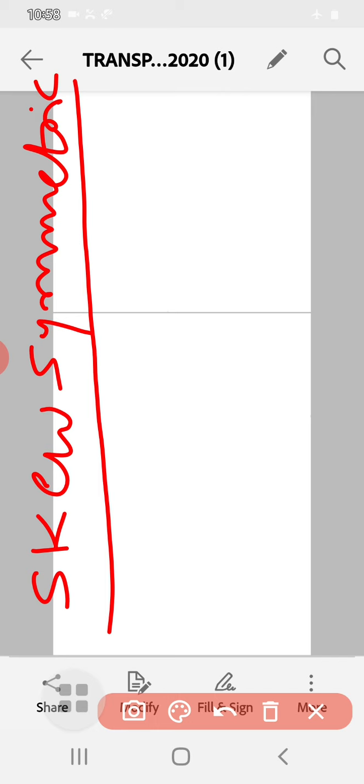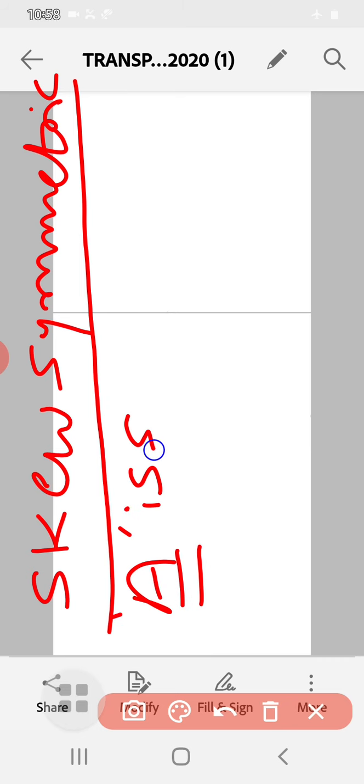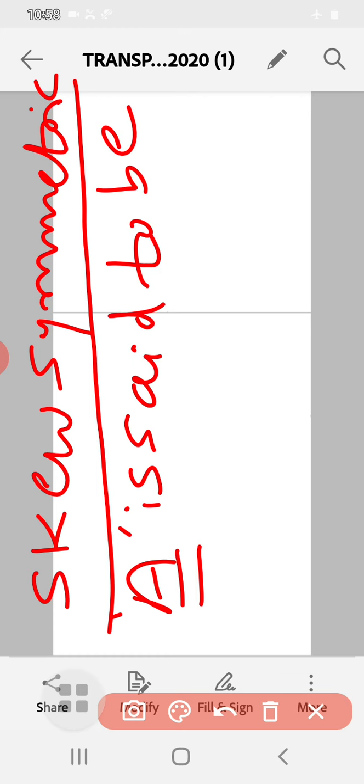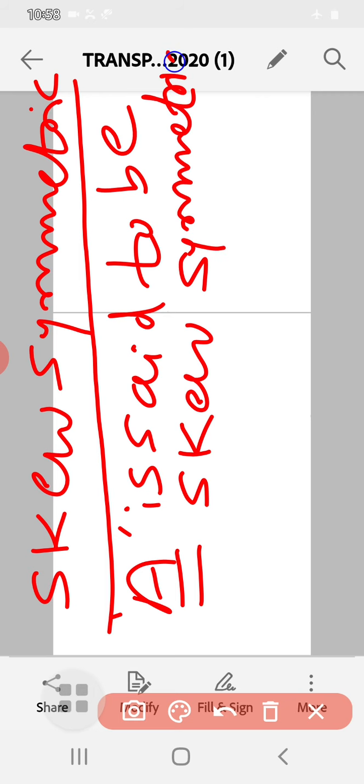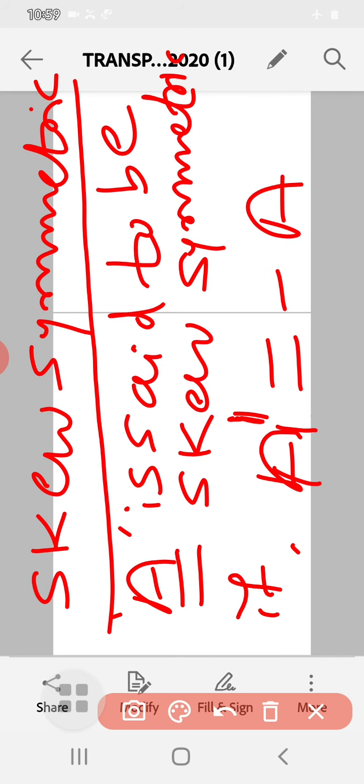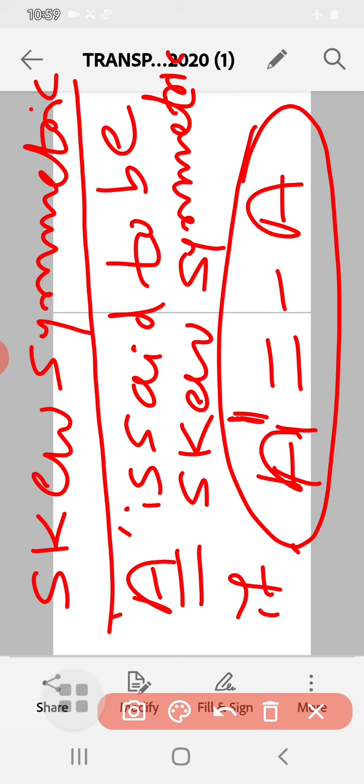A square matrix A is said to be skew symmetric, and this is very important, if A dash, that is the transpose of A, is equal to minus A. First of all, you should satisfy this condition, A dash is equal to minus A.